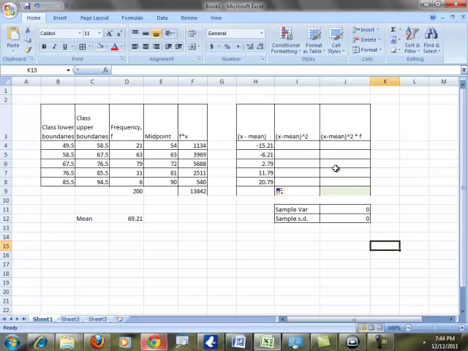Okay, so we get x minus mean, and notice if we find that sum, and I'll use the auto sum, it's not going to be 0 because we're dealing with group data. So we don't have the positives and negatives canceling out like we did earlier. So I'm going to undo that. I just wanted to remind you that we are dealing with grouped data here.